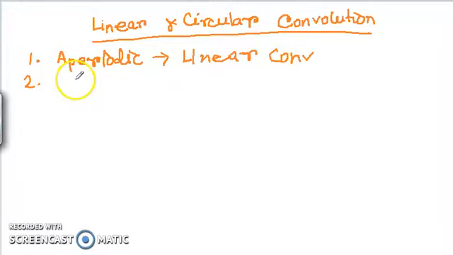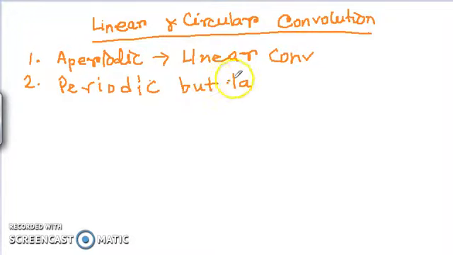Circular convolution can only be applicable for periodic sequences, but taking a finite duration.